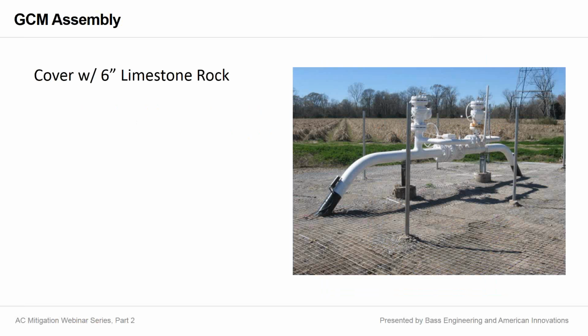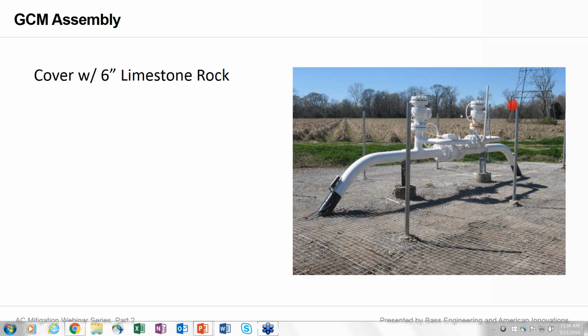What you're looking at now is a completed gradient control mat assembly. So you can see the mat material that's laid out. You can see the SSD on the pipeline itself. In this case, what I do want to draw your attention to is that the gradient control mat extends beyond the footprint or outline of the chain link fence that is there for security purposes around that valve.